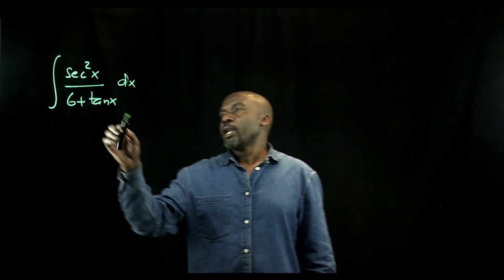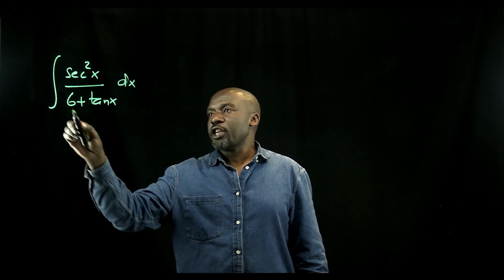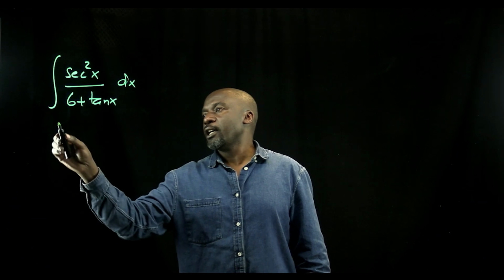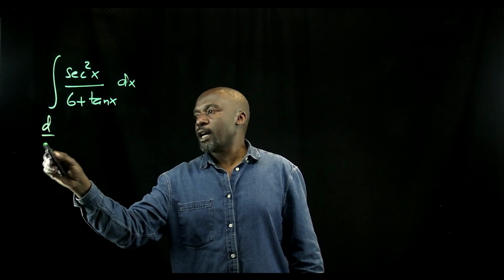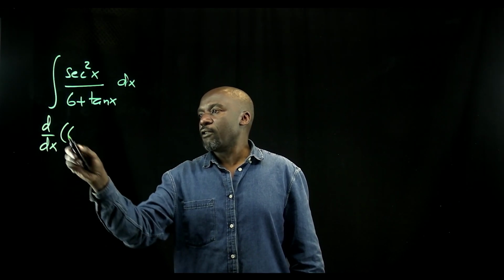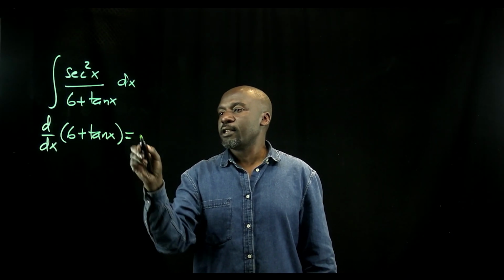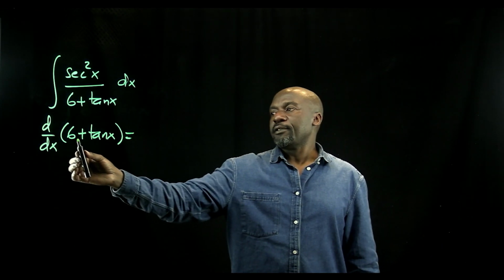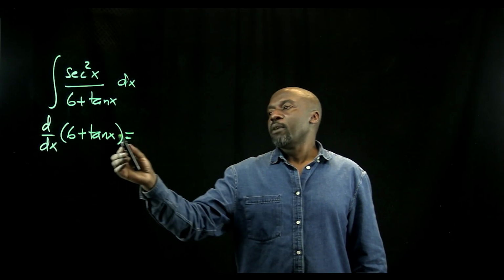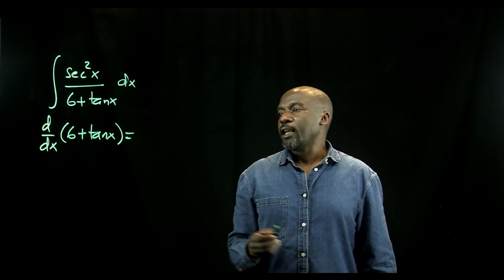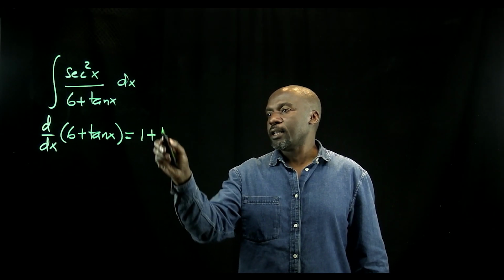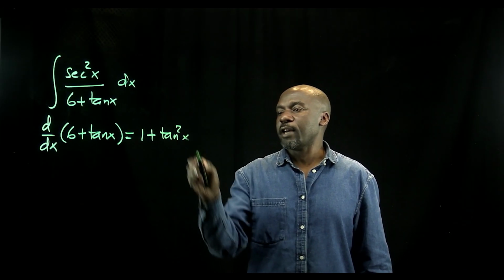What I'm saying is, I notice that if I differentiate this denominator here, d by dx of 6 plus tan of x, the derivative of a constant is of course 0, but the derivative of tan x is 1 plus tan squared of x.